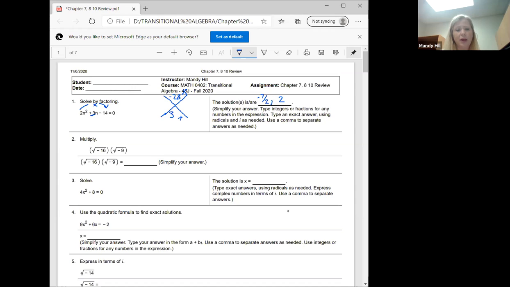We know that 2 times 14 is definitely 28, but that's going to be too far away. So the next thing I can think of is 7 and 4. So if we're going to do this, we would want a +7 and a -4, because 7 times -4 is -28, but 7 plus -4 is +3.